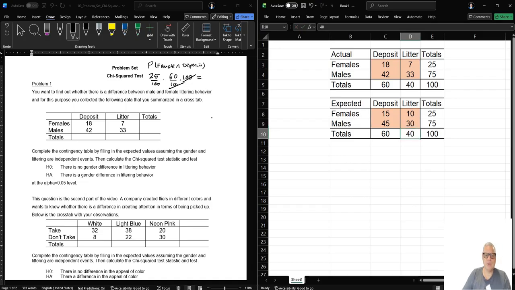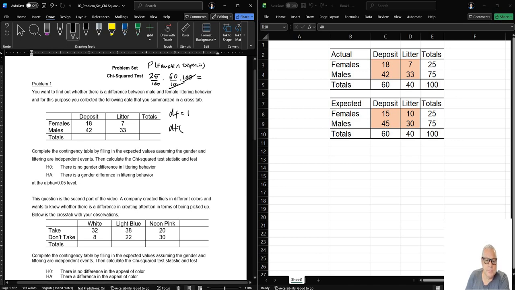So now we know that the degrees of freedom for a crosstab in this particular case is 1. But the general formula is that the degrees of freedom is equal to the number of rows that we have minus 1 times the number of columns that we have minus 1.